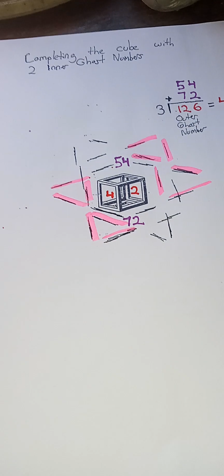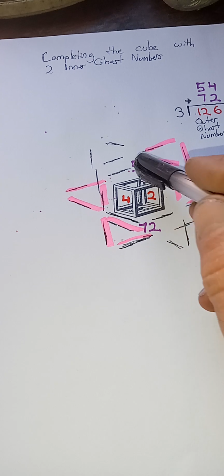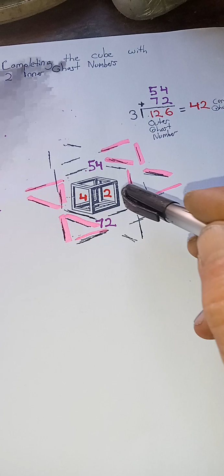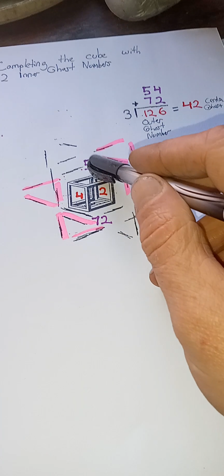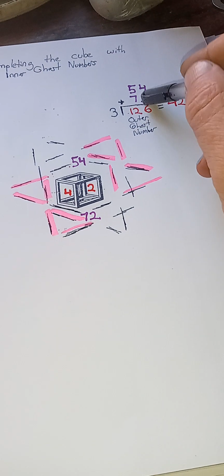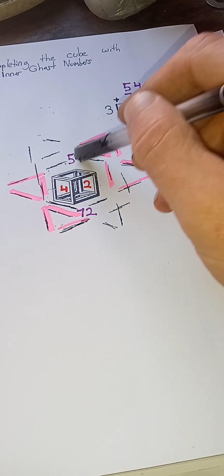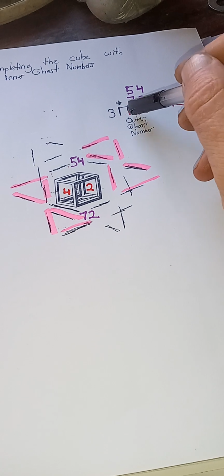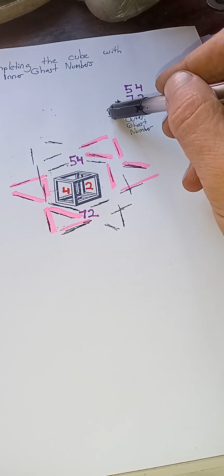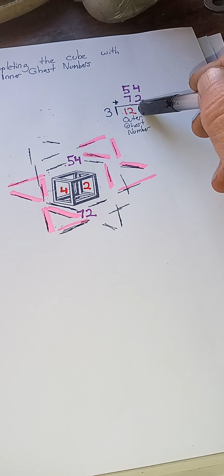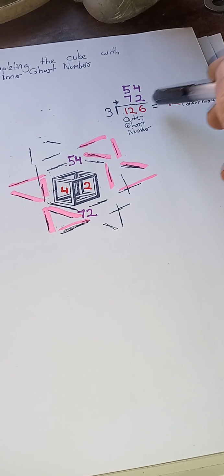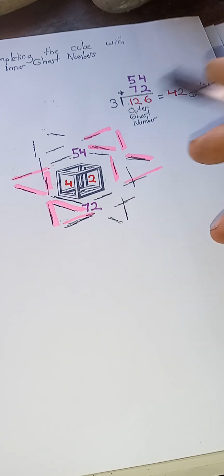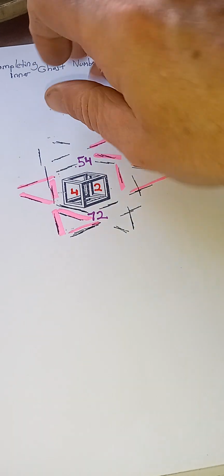But completing the cube with 2 inner ghost numbers only, it's still possible. You add 54 and 72 together, you get 126, and you divide 3 into 126, and you get 42, the central ghost number.